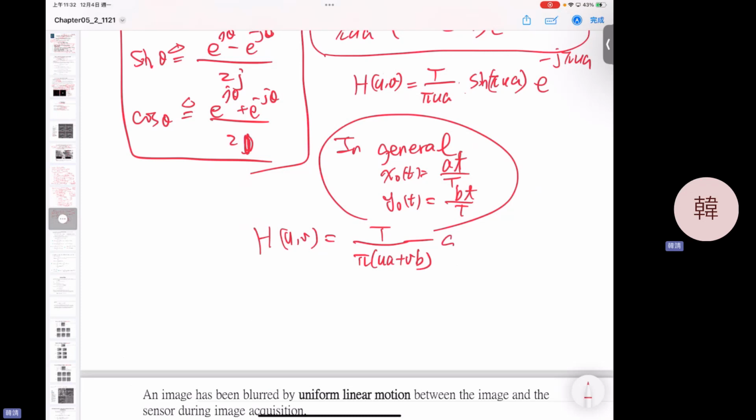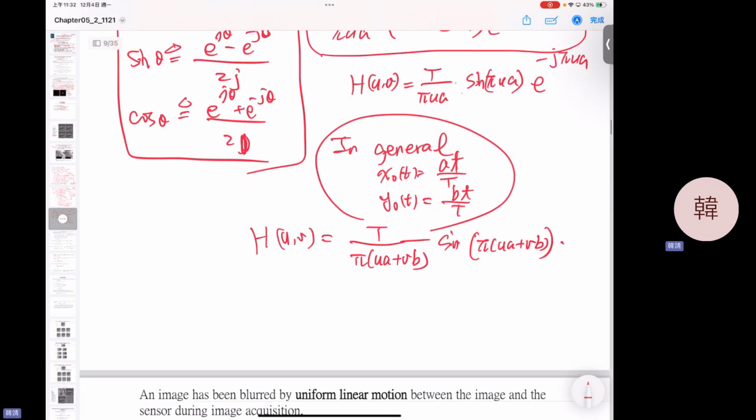So we have a sine of pi(ua plus vb), and then we have this times the exponential of minus j pi(ua plus vb).